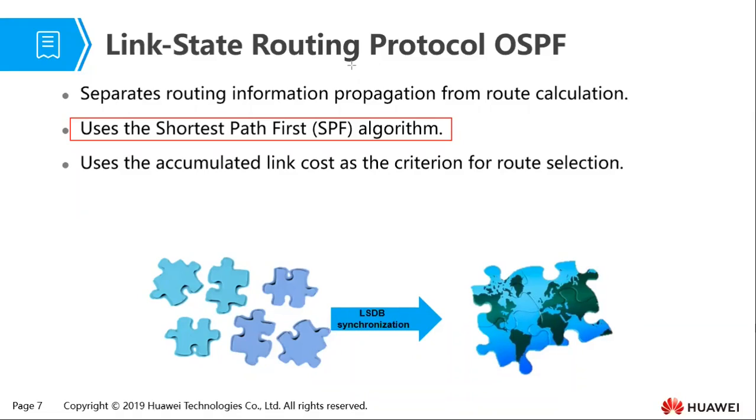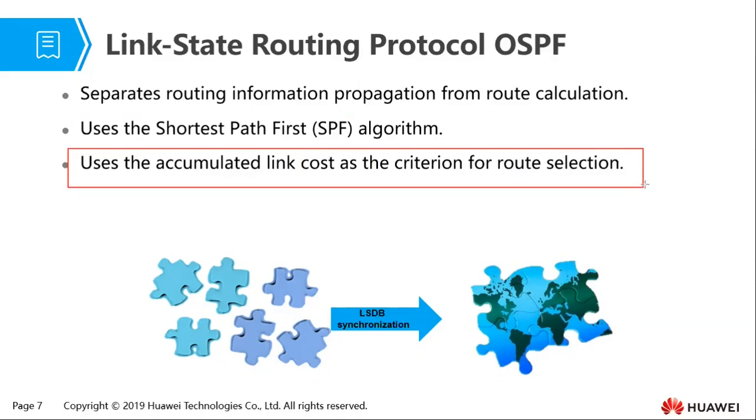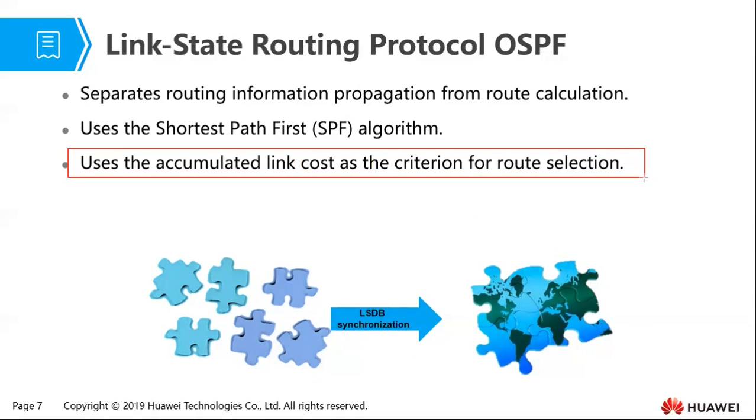And then lastly, OSPF uses what we call the accumulated link cost. So instead of using the number of hops, it uses the accumulated link cost as the criteria for route selection.